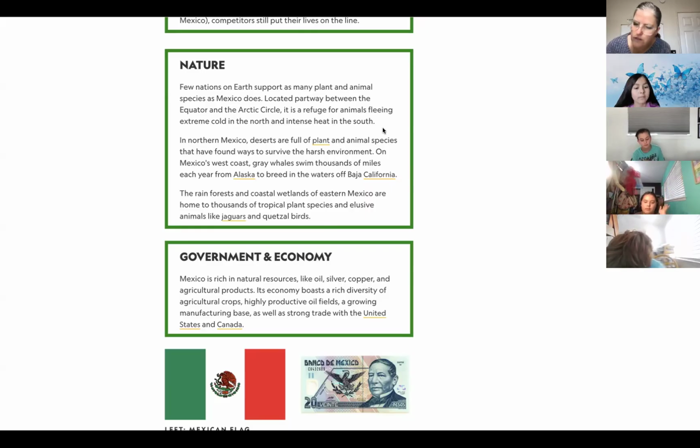So we could do tropical plant species. I'm going to put this down and then I'll show you my notes here. And then I'm going to use 4 for jaguars. And then that word, quetzal birds.